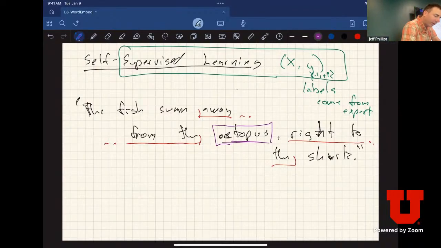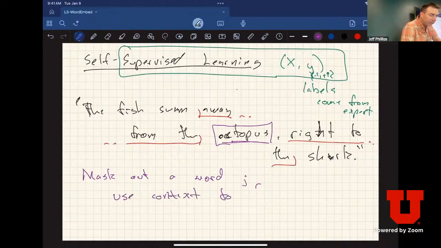Okay, so what I want to do is to mask out a word J and use the context to predict its value. And because I had text, I know what the right answer is, right?